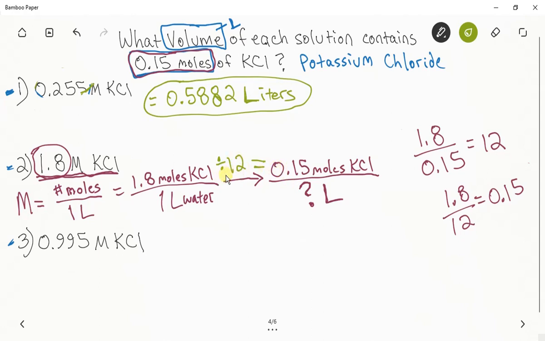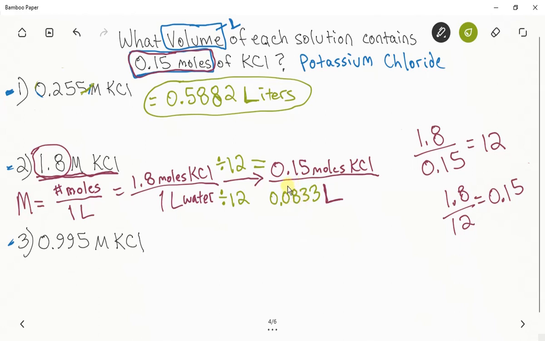And what you do to the top, you have to do to the bottom. So we need to take that 1 liter of water and divide it by 12. So 1 divided by 12 is going to be, let me erase this question mark here, 0.0833.